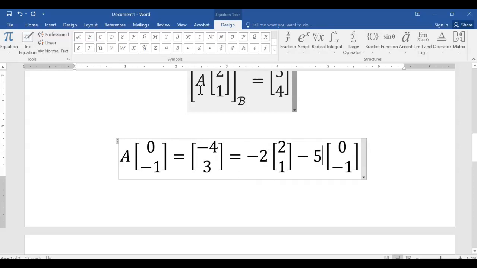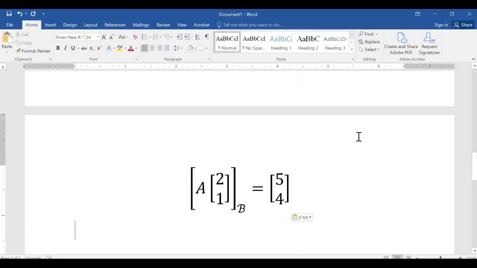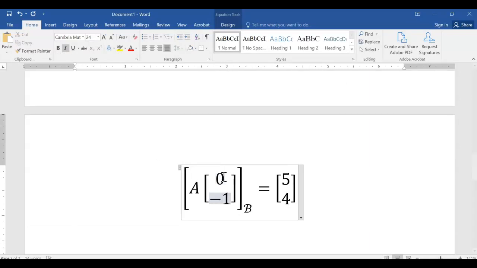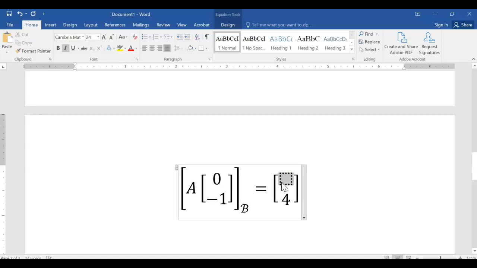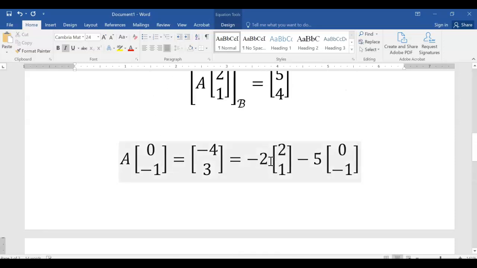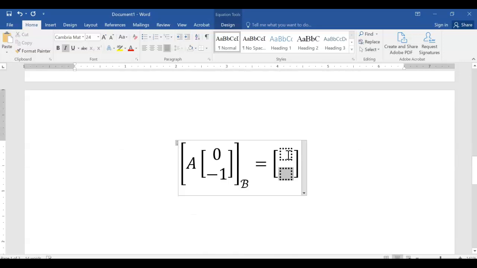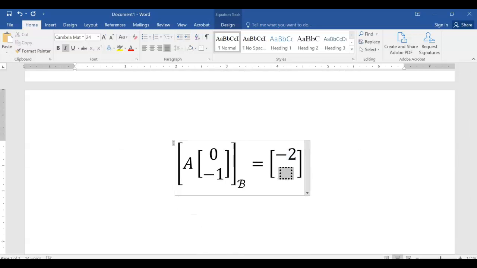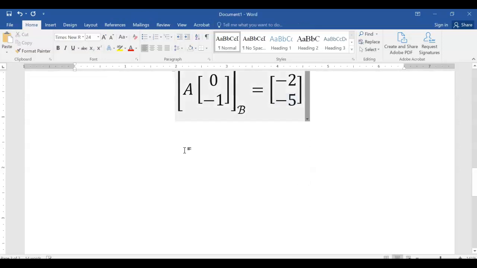So there you go. And what we're saying is that if you take 0, -1, multiply it times the matrix, and write the coordinate vector with respect to basis B, you get -2, -5. Okay, so what would my matrix M be?